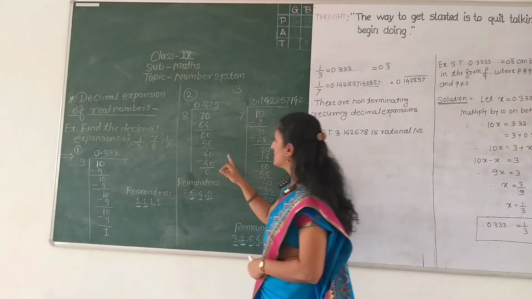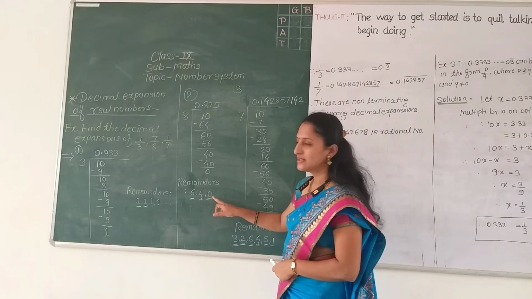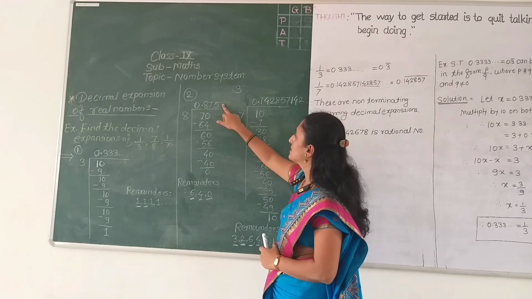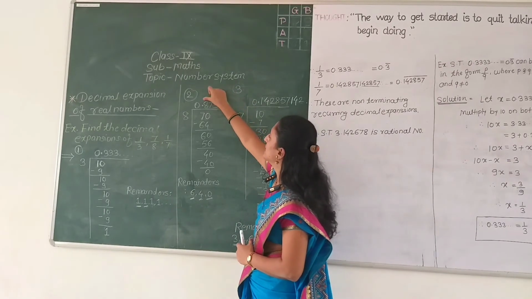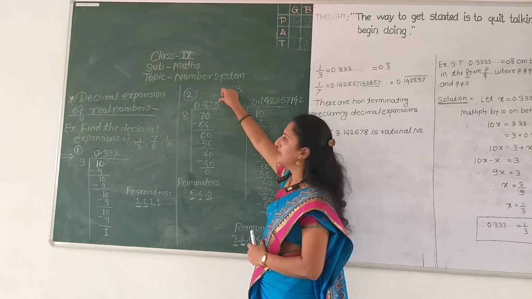For the second example, the remainders 6, 4 and 0 are not repeated. So in this quotient we don't get any block of repeated numbers.